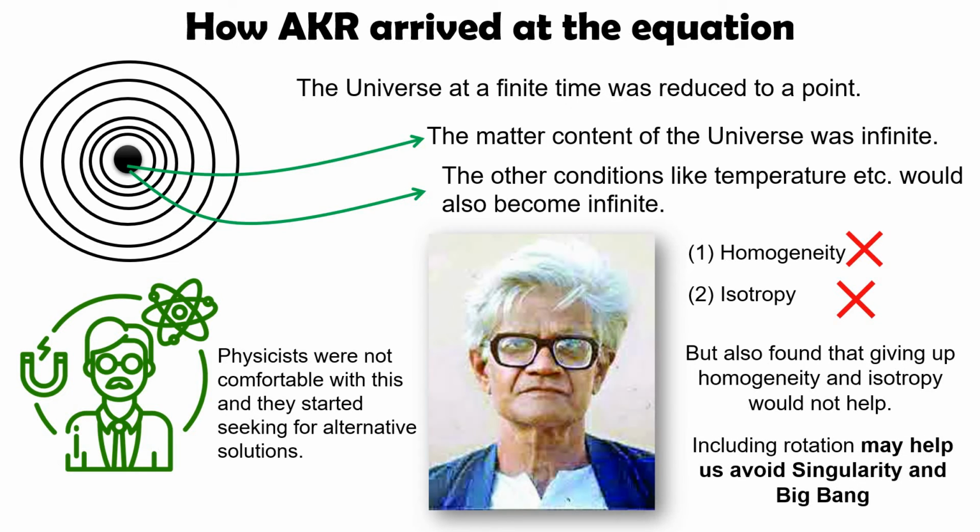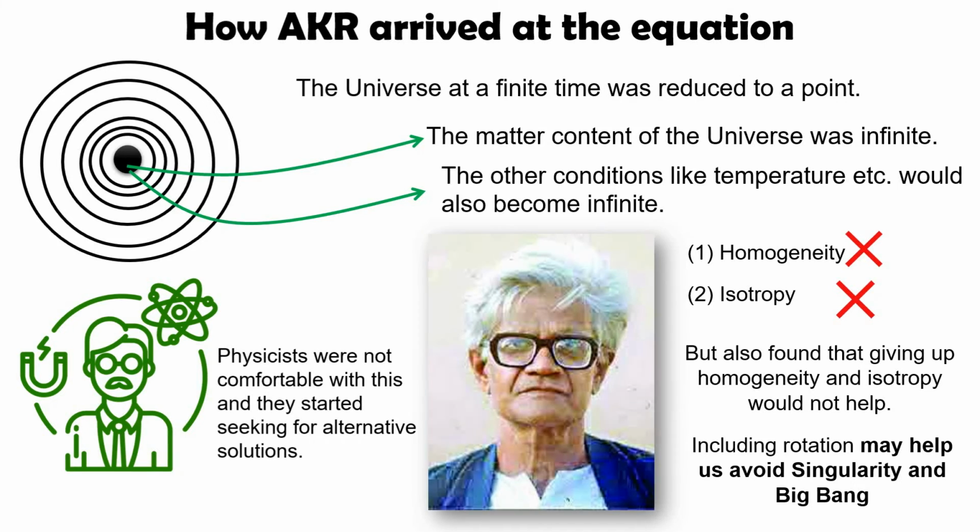It would include something called rotation, and this might help us avoid the singularity or the Big Bang. This is how AKR arrives at the equation: even if the matter content of the universe was infinite, and other conditions are zero or infinite, giving weird conditions, giving up homogeneity and isotropy was not enough. There has to be something called rotation, and this might help us avoid the singularity, the Big Bang, and help us create a better mathematical solution.